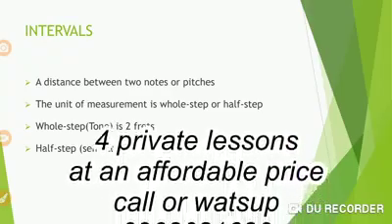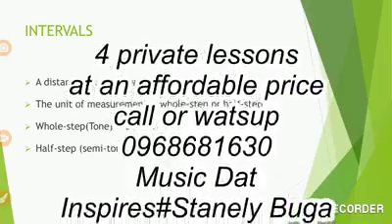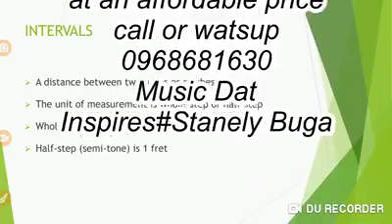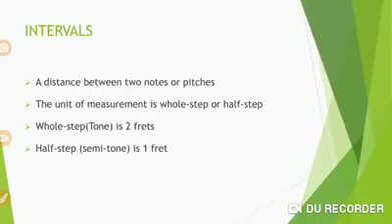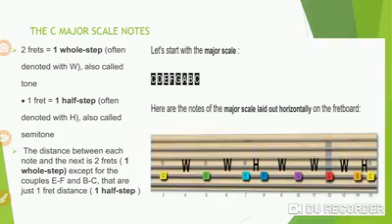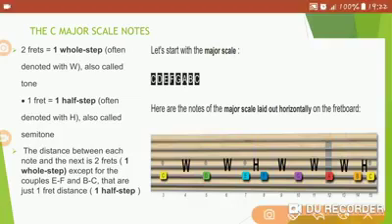In reference to the guitar fretboard, a whole step distance, in other words called the tone, is equal to 2 frets on the guitar, and the semitone or half step distance is equal to 1 fret on the guitar fretboard. To show what I'm trying to talk about, this is the distance C to D, that's the whole step or tone distance.